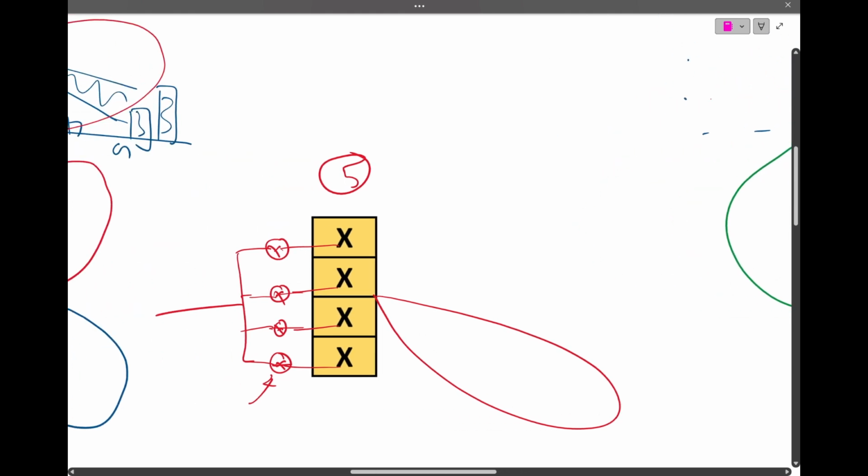Okay, now how are we giving this phase shift?